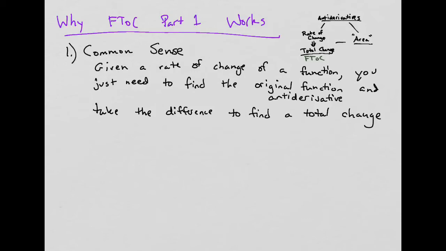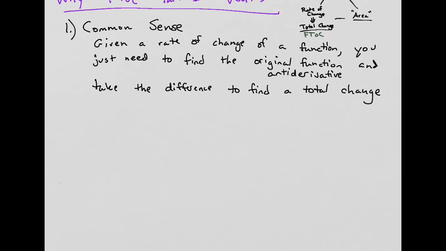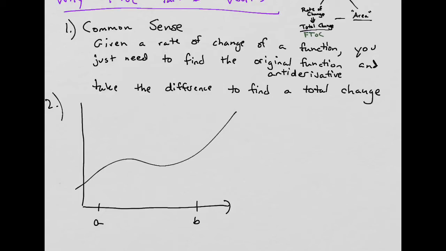But let's look at it in terms of more of this area idea. So I'm going to go up here and draw a picture. This is number 2, the second way to think of it. You have from a to b some function right here, which we're going to call f prime of x.